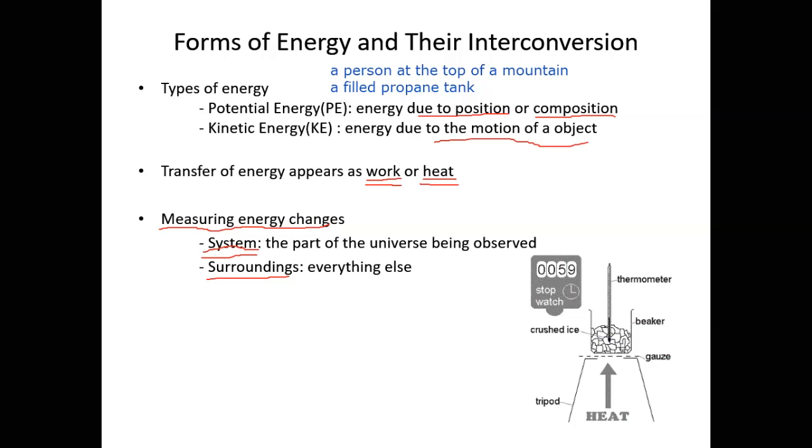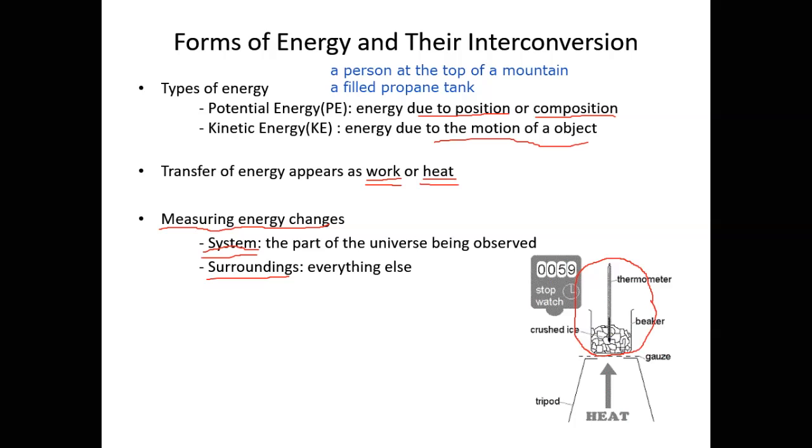So over here to the right, we have this little picture of a beaker with ice and a thermometer, and we have it on a heating source. So this here we're going to classify as the system. So this beaker of ice is our system. So everything else outside of this red circle is the surroundings.